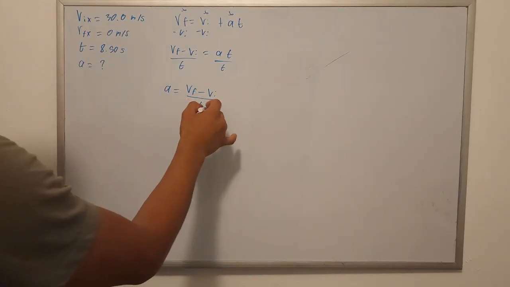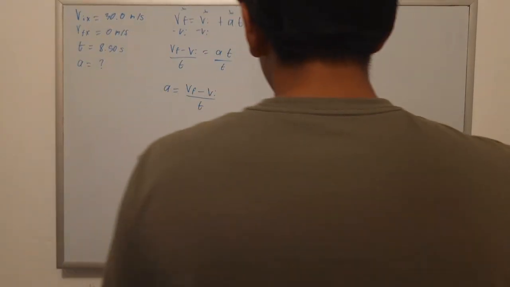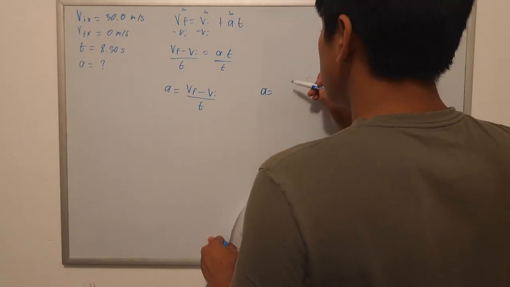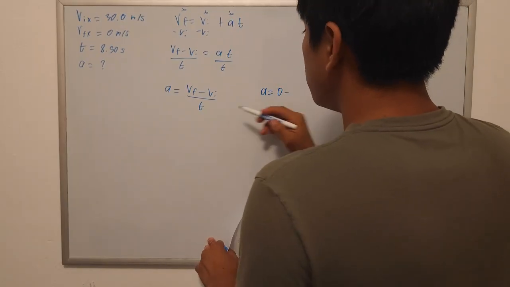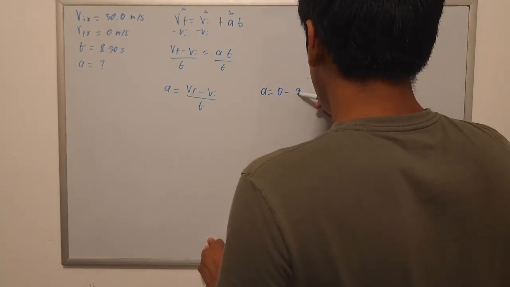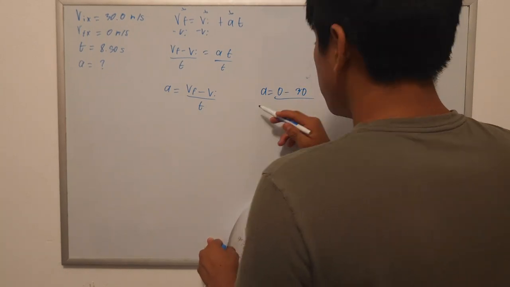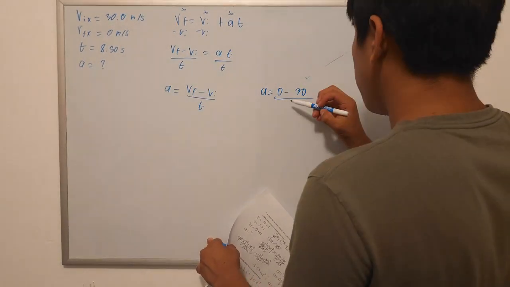And since we already have all of these values, now we're just going to plug them all in. So acceleration equals the velocity final, which is 0, minus the velocity initial, which is 30, all over the time, which is 8.5.